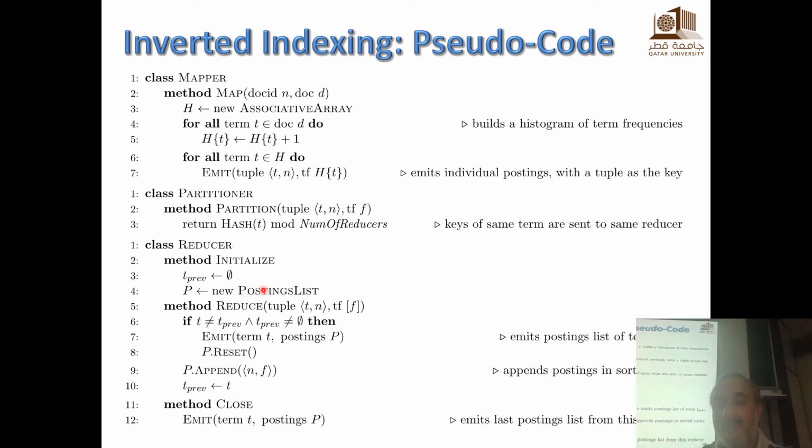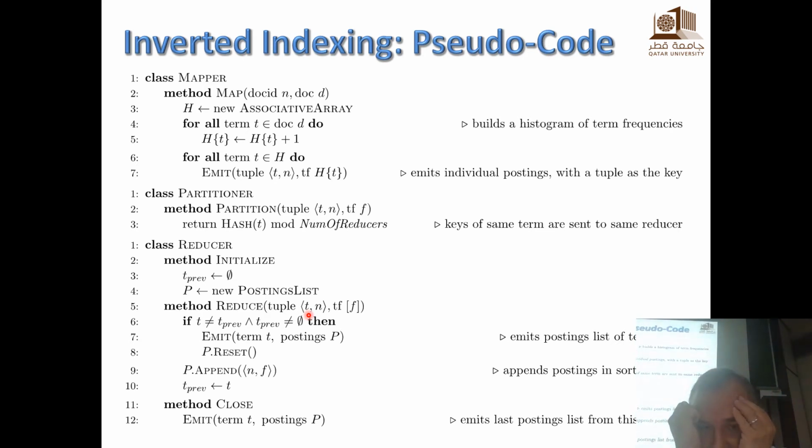So we initialize a posting list in the beginning, and we reuse it over time. Forget about t previous for now. We just create a new posting list at the beginning, and then we get a new key and value pair.